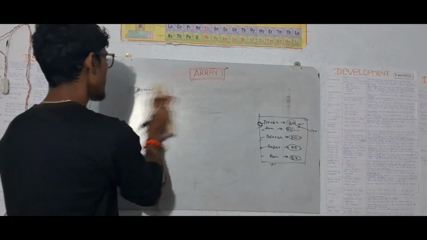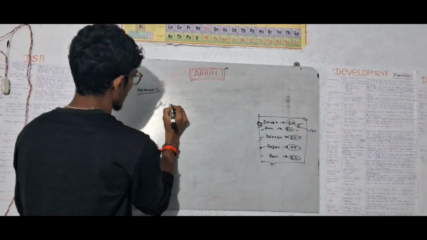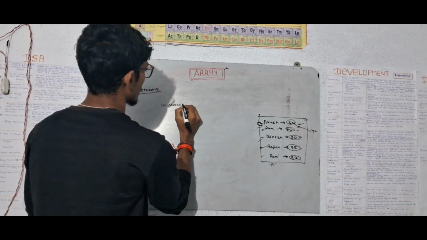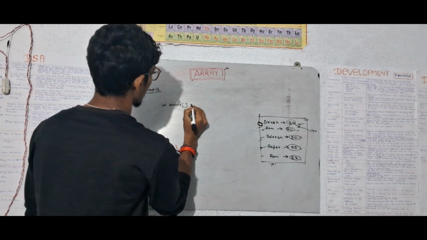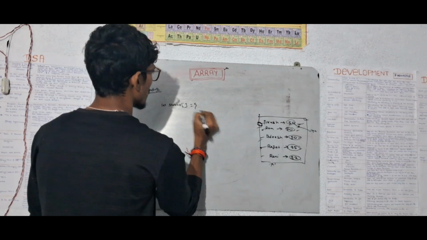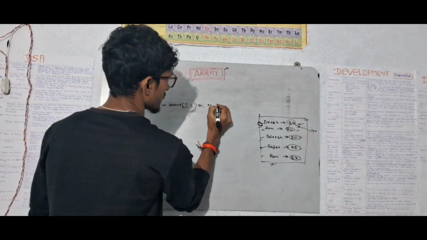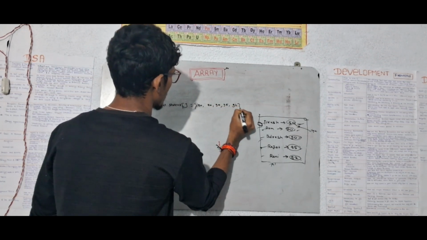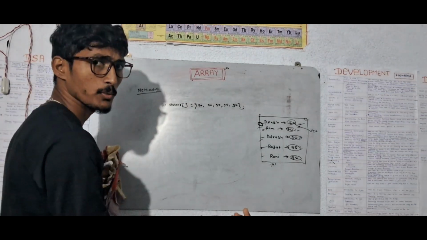So we need to write int students first. We need to store 50, 70, 90, 95 and 92. Completed. This is method 2.